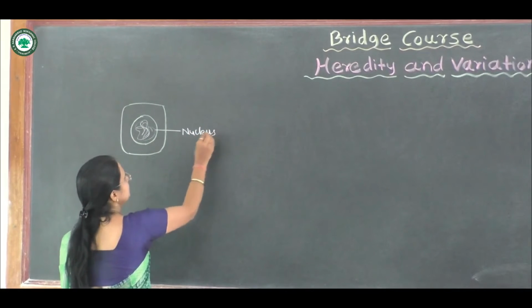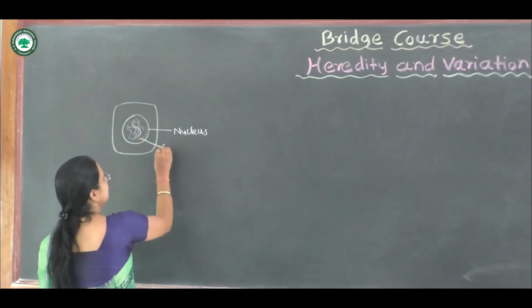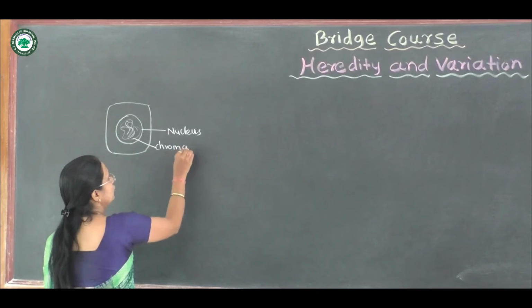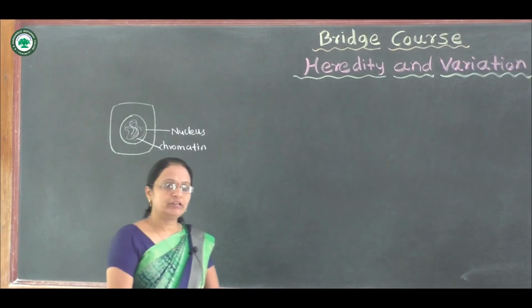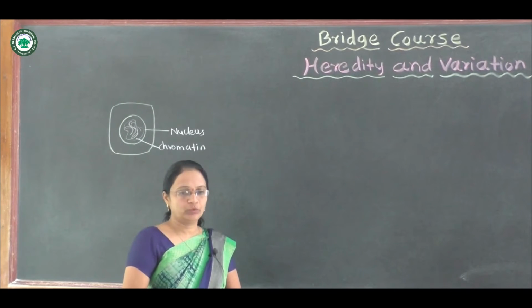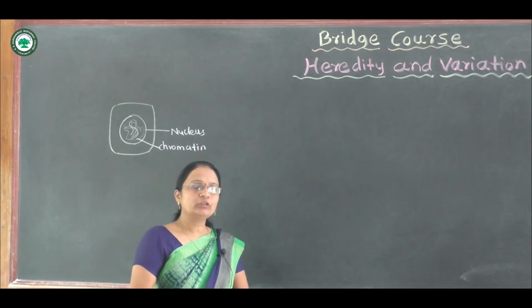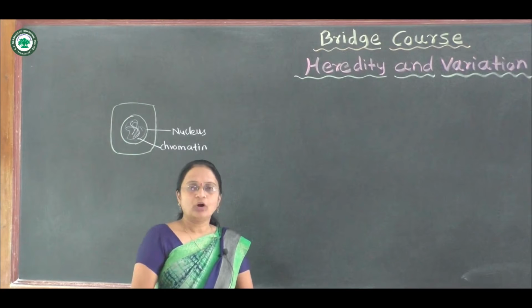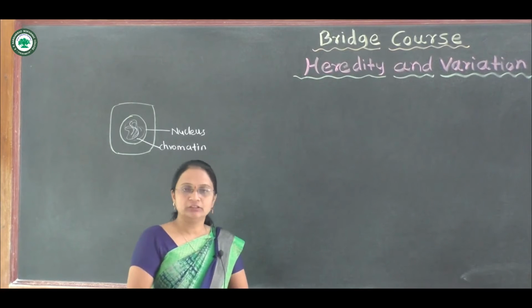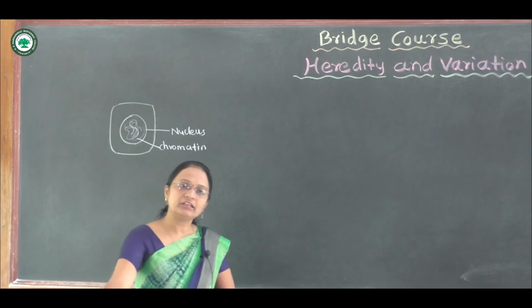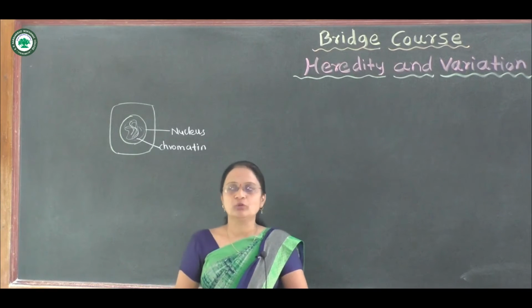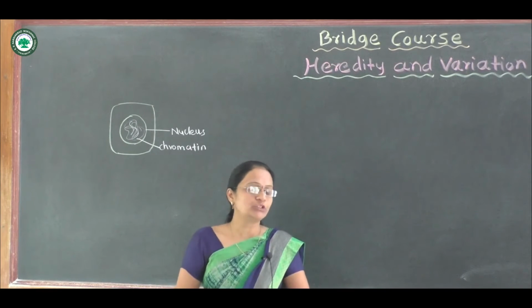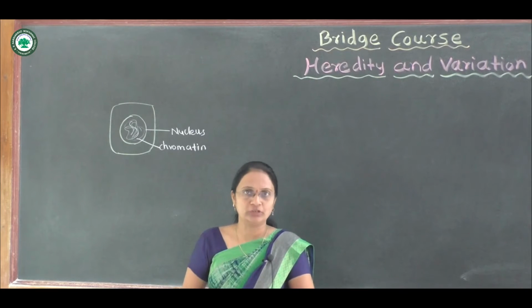Here is the structure of the nucleus, and inside that the chromatin material is present. When we focus on or enlarge this chromatin network, we find the structure of the chromosome, that is, the position of the chromosome present in the nucleus.